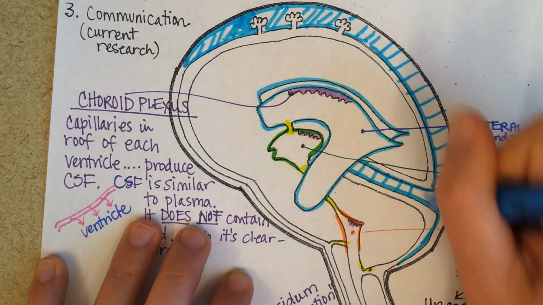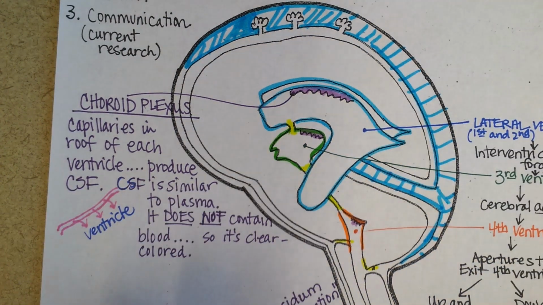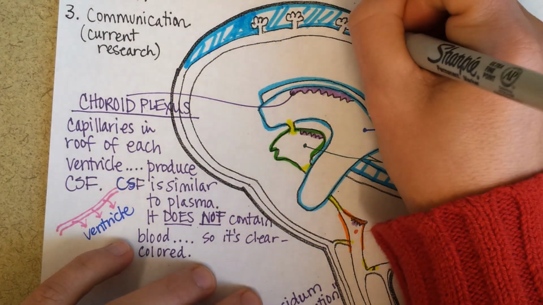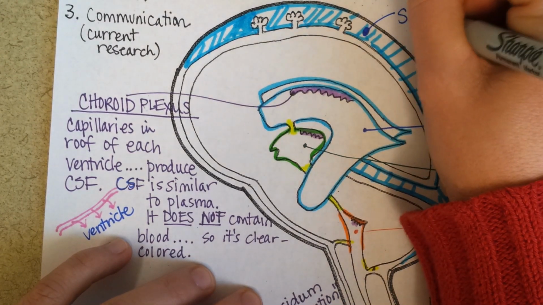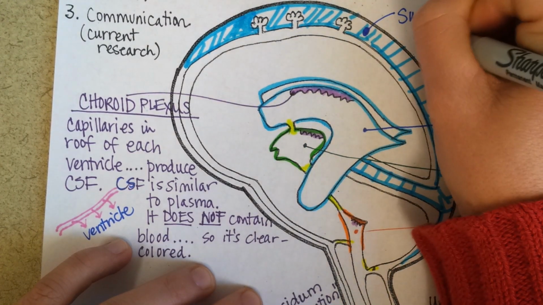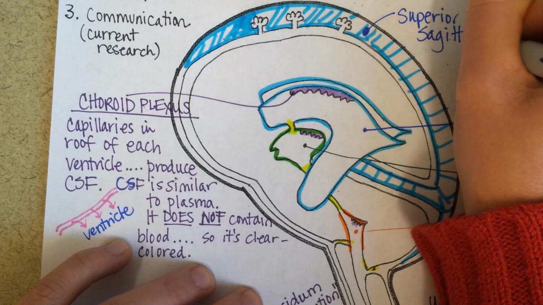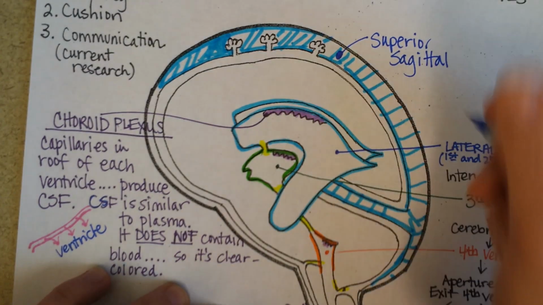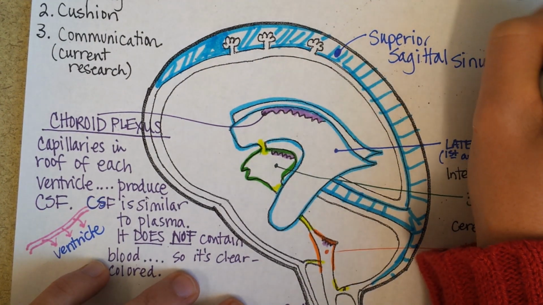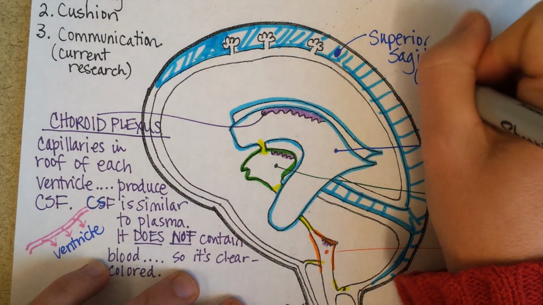Okay, so all of this is filled with blood back here. And at the top we call it the superior, because it's at the top, sagittal, because it's between the two sides of the cerebrum, sinus, because it's a cavity, and in this case it's blood-filled.